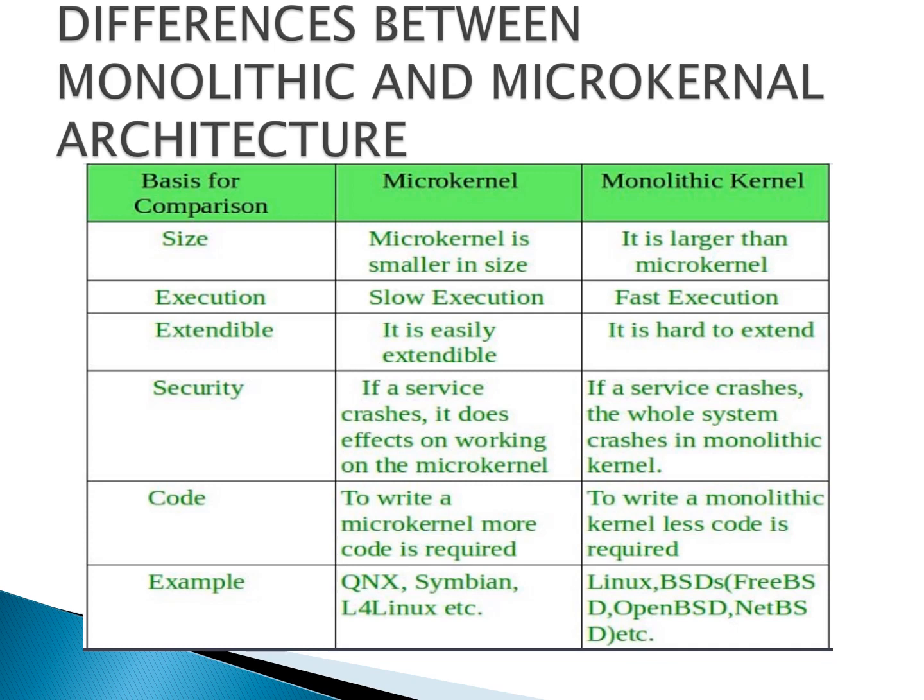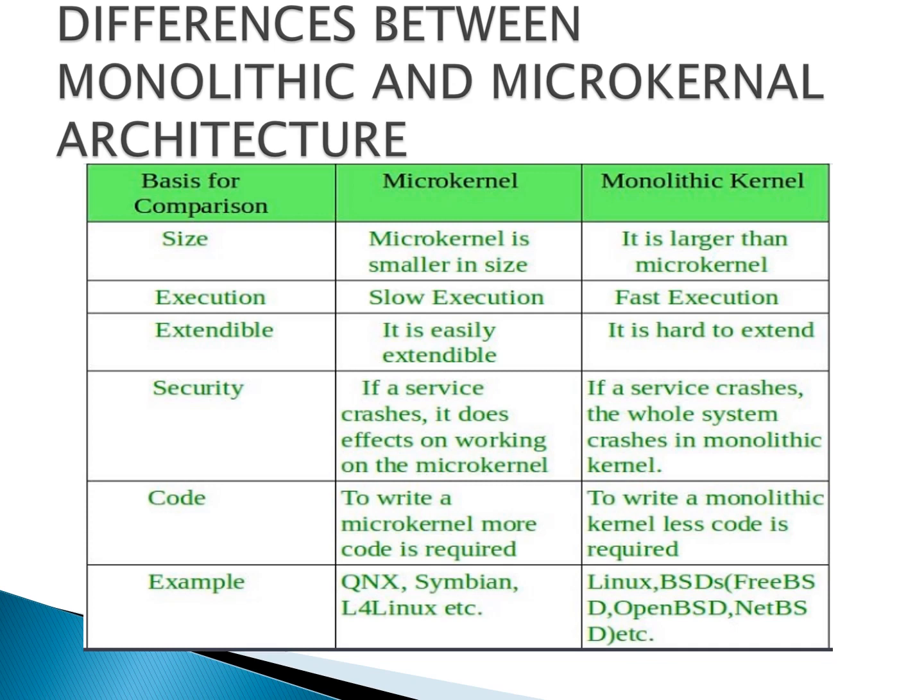Then, in monolithic kernels, we make use of signals and sockets to ensure IPC is done properly, whereas in the microkernel, the approach is based upon message queues.